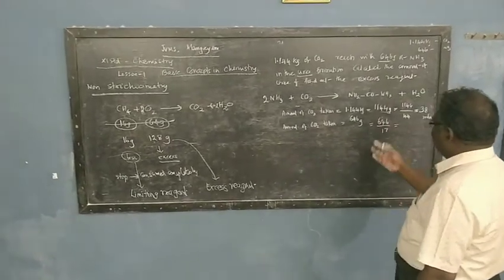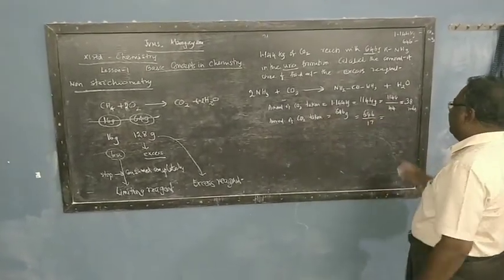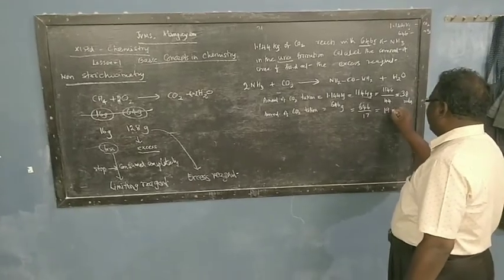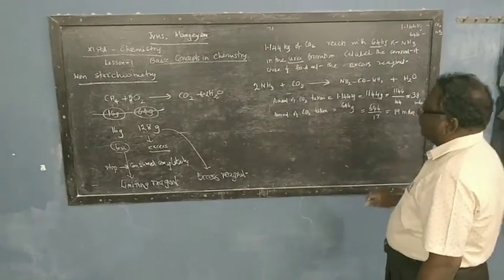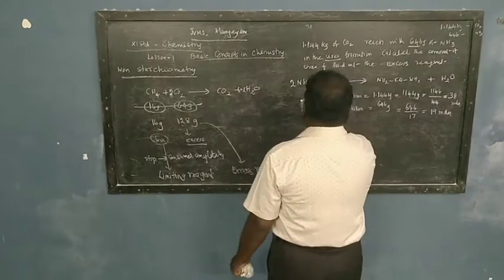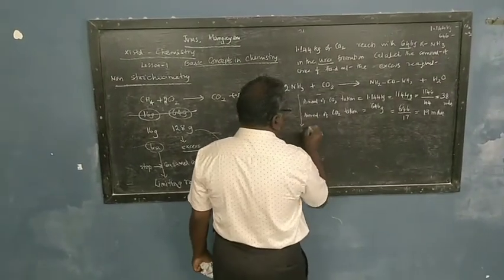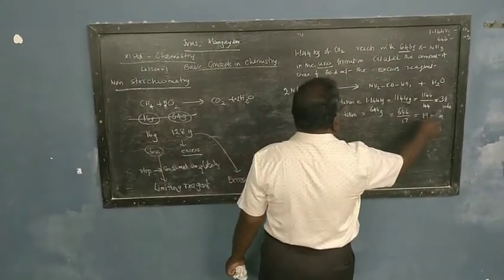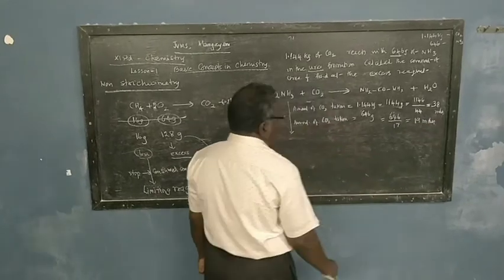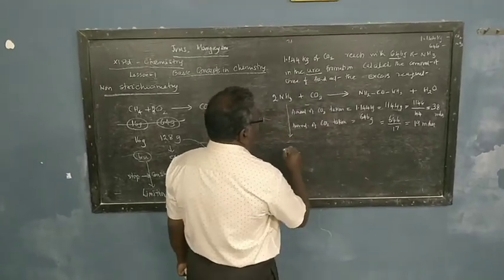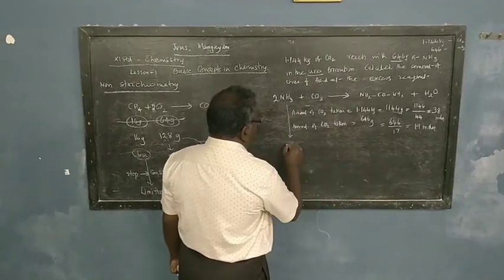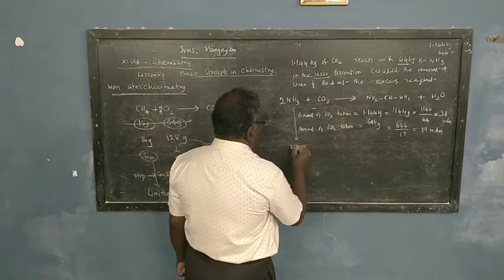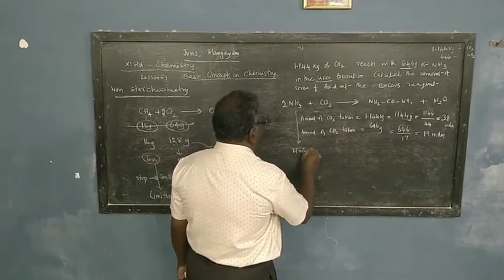Because 17 is the molar mass of ammonia. So this will come to 38 moles. So in this reaction, now in ammonia, how many moles are taken? 38 moles are taken. Right?